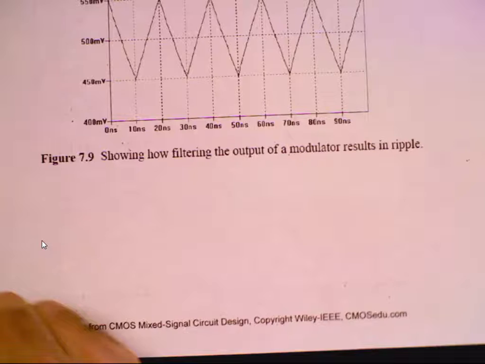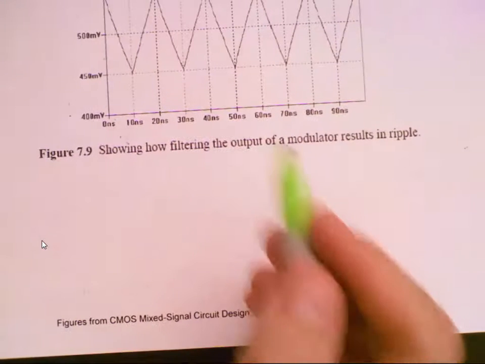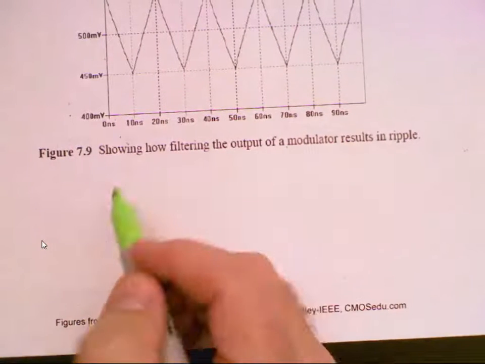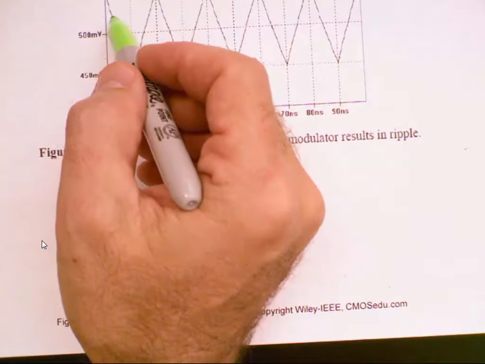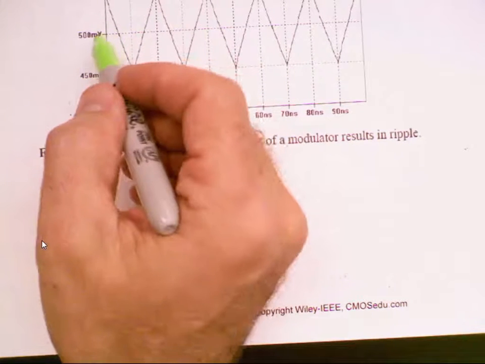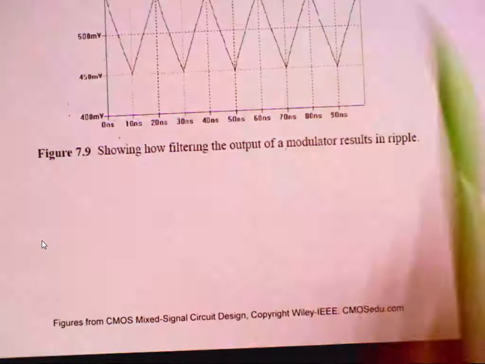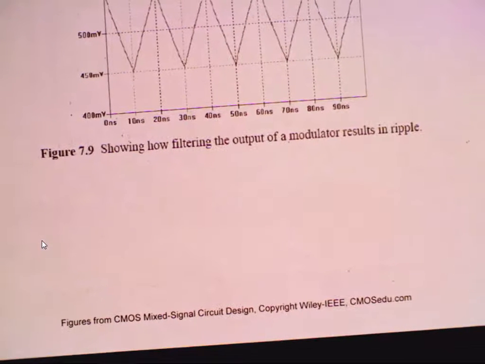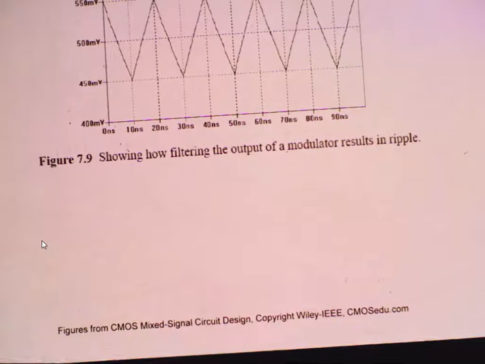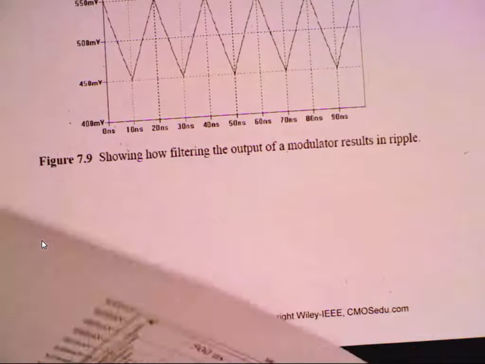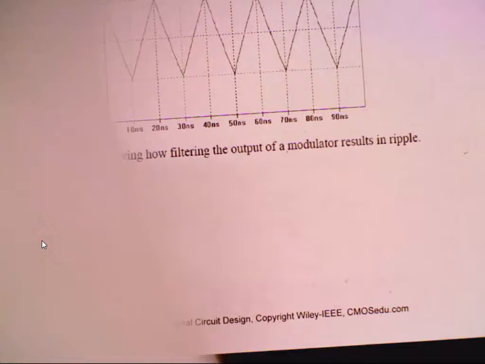We talked about this before. We said that if we get in certain situations, if there is a DC signal coming in where certain codes will repeat, we'll get a ripple in the output. We said that one way of getting rid of that ripple was to, does everybody remember that discussion, or do I need to refresh your memory?